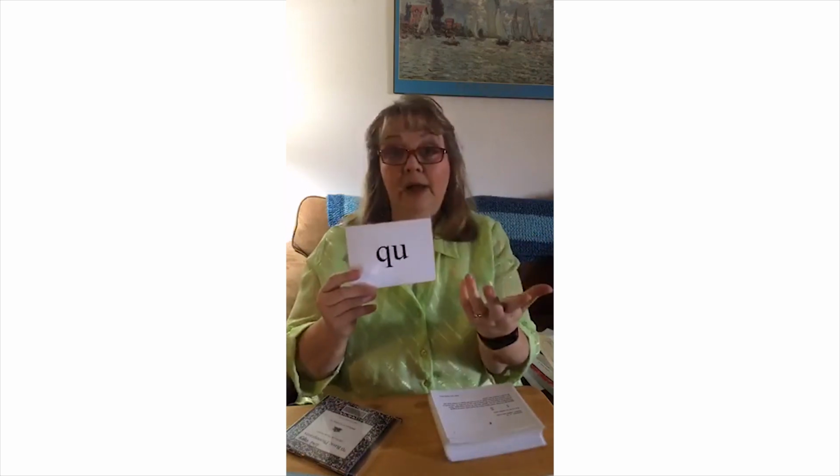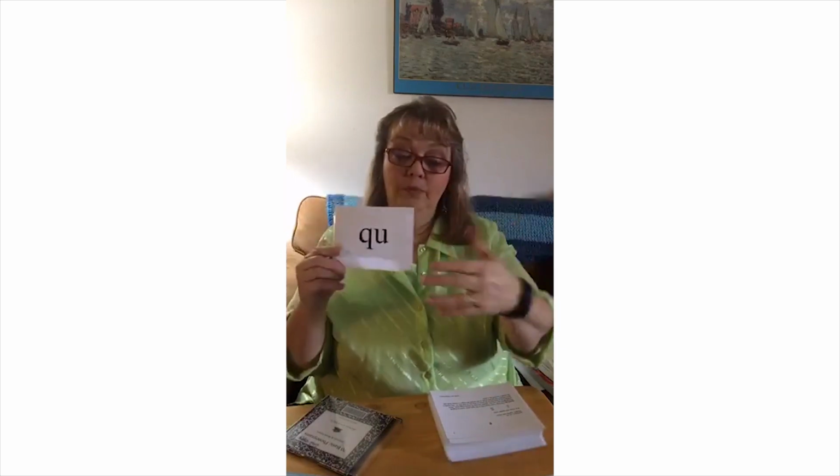So that's why I'm using the letter names here. So Q always needs a U. U is not a vowel here. Usually that letter, U, is a vowel. But here it's part of a team where it's helping Q say its sound. So when I see that card, I teach that rule, and then every time we see that phonogram, we'll practice saying that rule. We'll get that into our minds by the repeated drill.